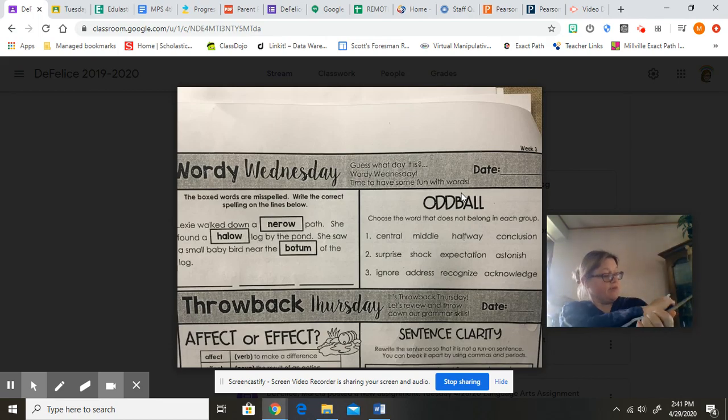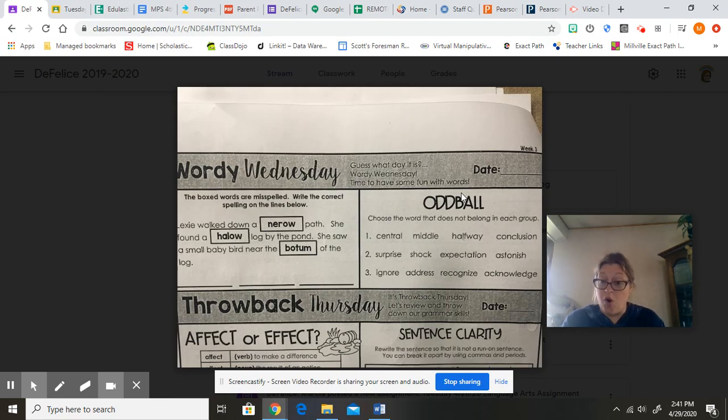All right. And oddball. Choose the word that does not belong in each group. So three of the words are going to be similar. One word is going to not have anything to do with those other three words. So let's take a look at number one. Central, which means center, right? Middle, which could be the middle or the center. Halfway.